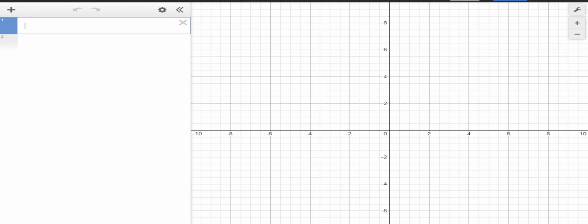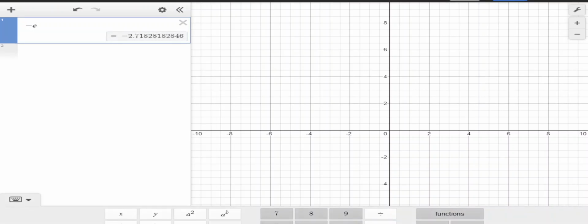For example, minus e square divided by 4 pi, multiplied by, I am just skipping the epsilon naught because it is also a constant value. If you need pi, you can take the help of the keyboard also.